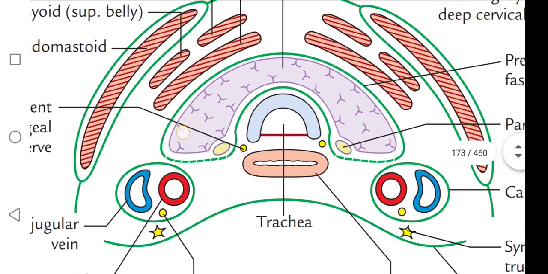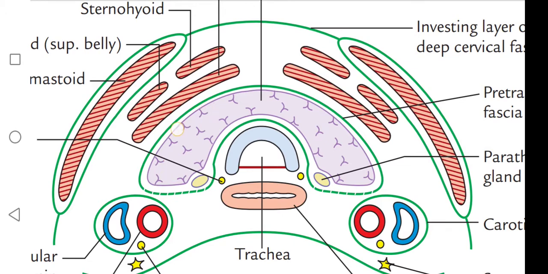This is the lateral surface, and this is sternothyroid. This lateral surface is convex in shape. Are you observing? This is convex in shape.